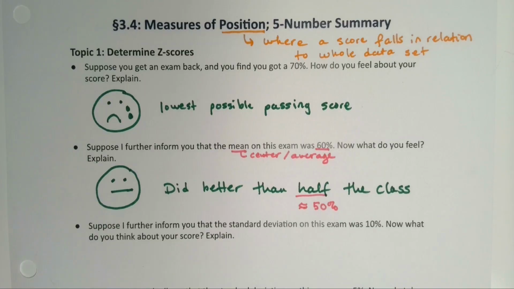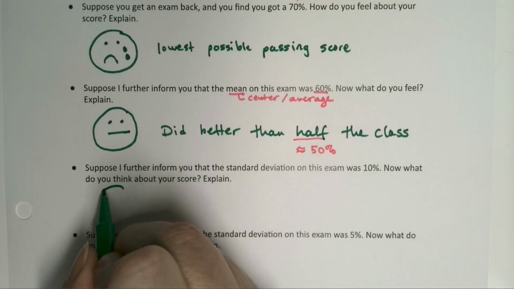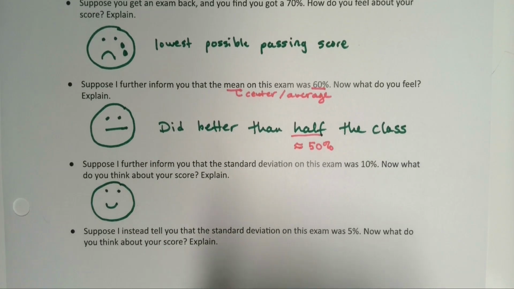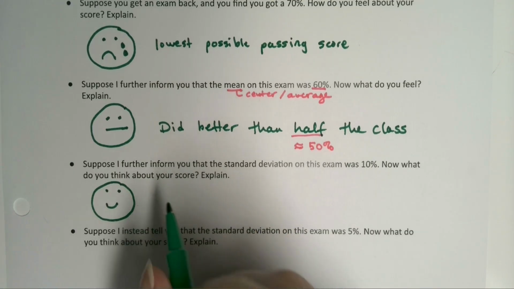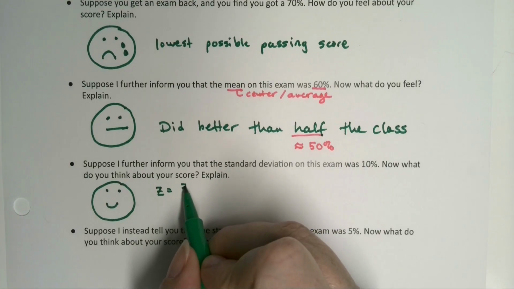Now suppose I further inform you that the standard deviation on this exam, which is a measure of spread, was 10%. Now what do you think about your score? Well, let's think about this. You're doing pretty well, because let's find your z-score. The actual value you got was 70.